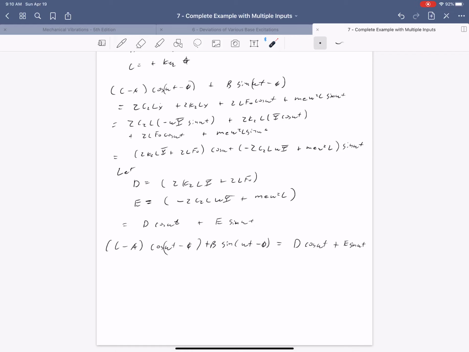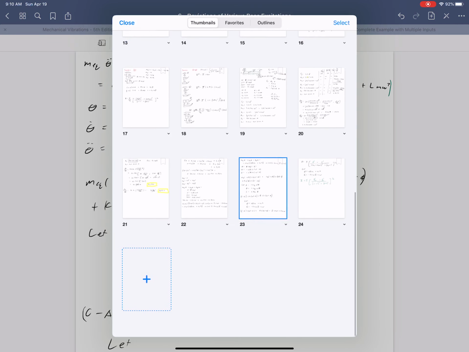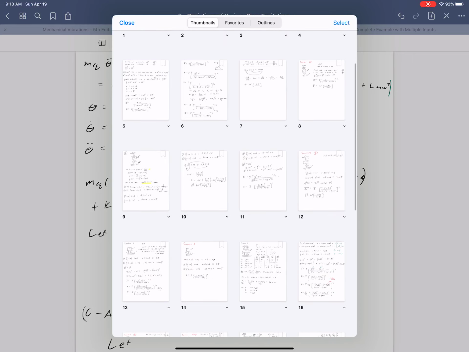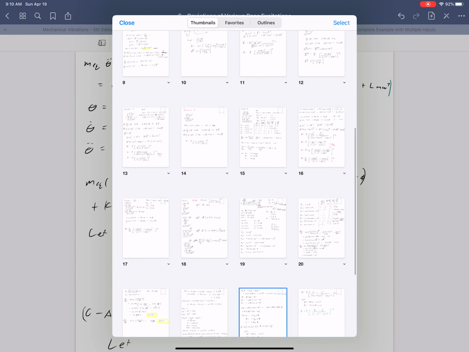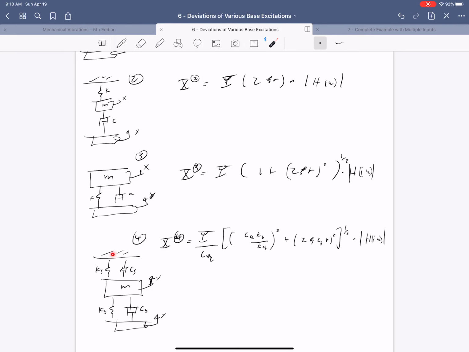Now, we've dealt with this before actually. If we go back in our notes, that was system 3. Where's our summary slide? Guess what? That was this system right here.